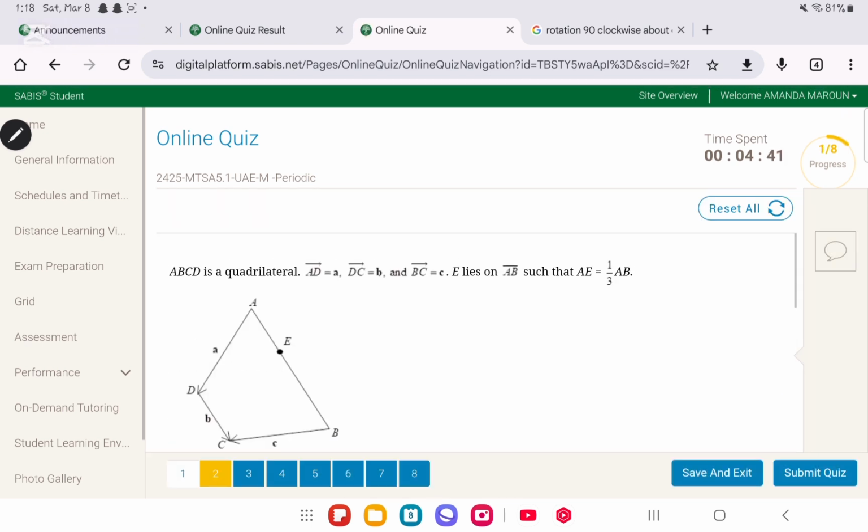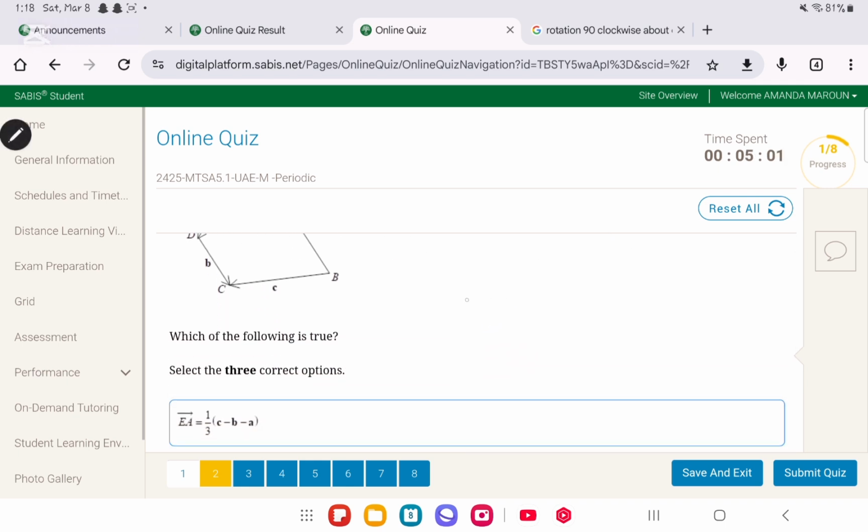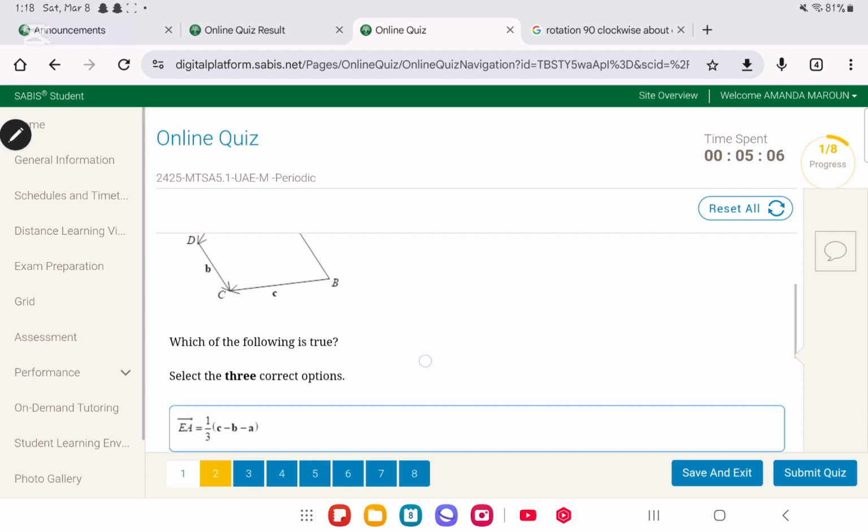We move on to question number 2. ABCD is a quadrilateral. AD is equal to a, AB is equal to b, DC is equal to b and BC is equal to c. E lies on AB such that AE is 1/3 of AB. Keep this in mind. They said, which of the following are true? They want us to find the value of EA.